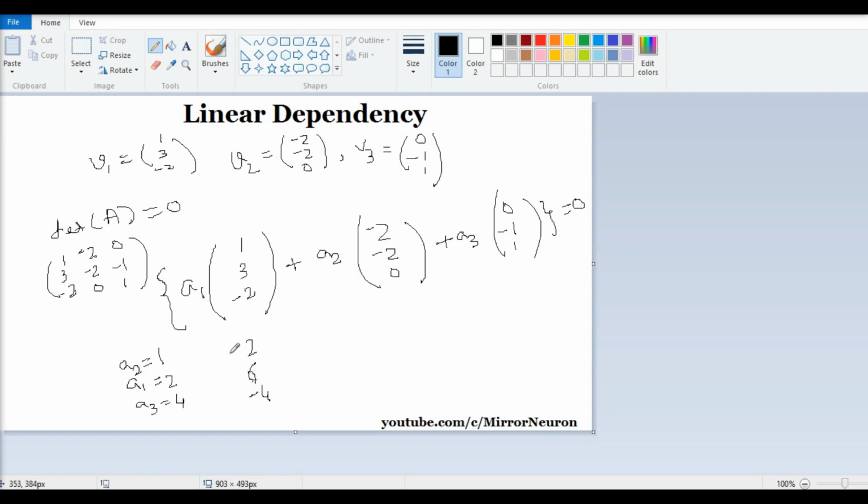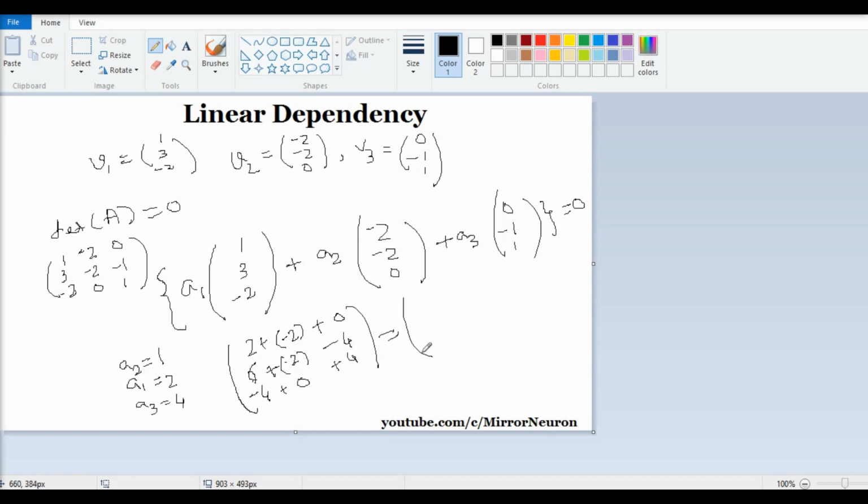Then I have plus a2, which is 1, so it is minus 2, then minus 2 again, and then 0. And then a3 is 4, so again this is 0, then minus 4, and this is 4.